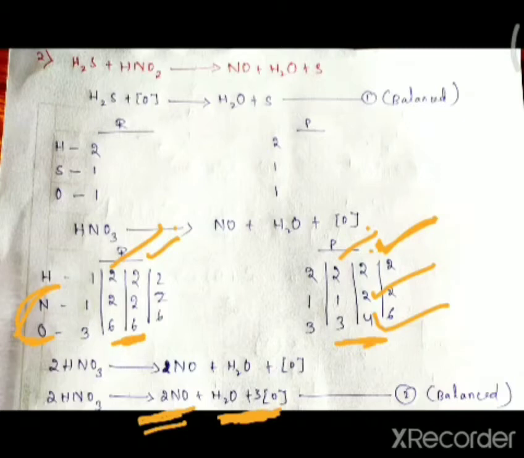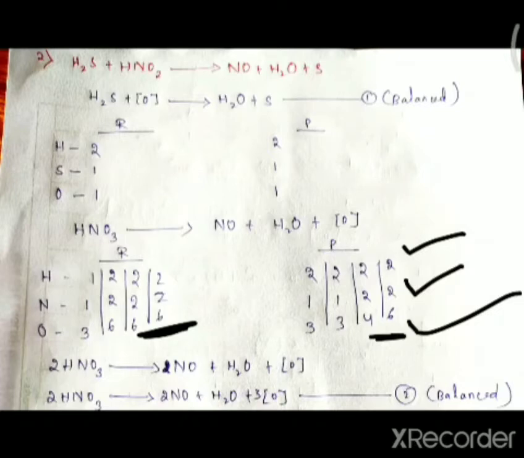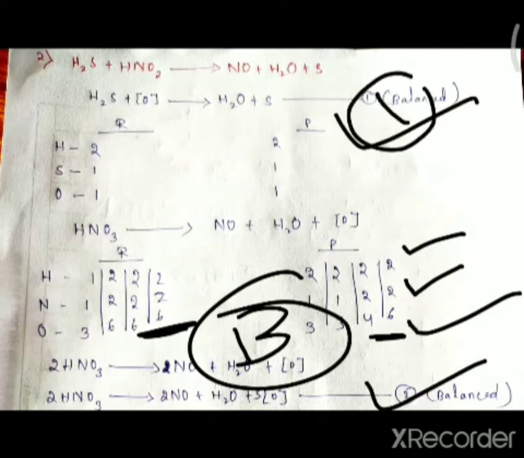Now see, 2 hydrogen atoms, 2 nitrogen atoms and 6 oxygen atoms. So you can see this one and this one are now balanced. Then we will add these two balanced equations, 1 and 2.